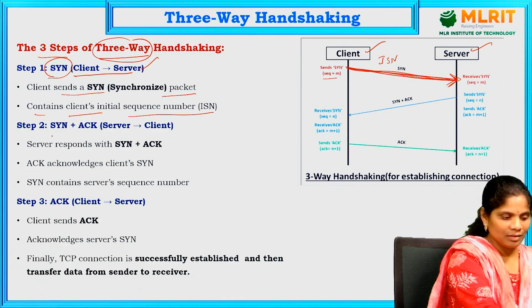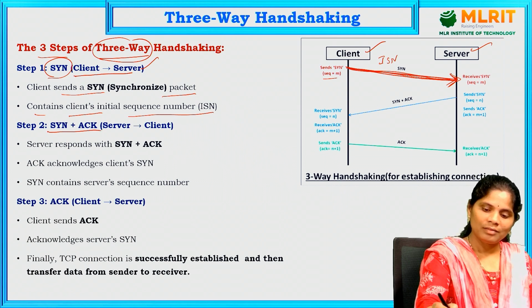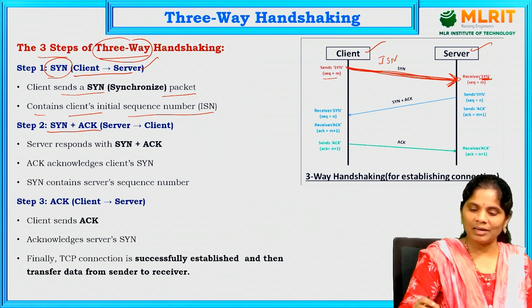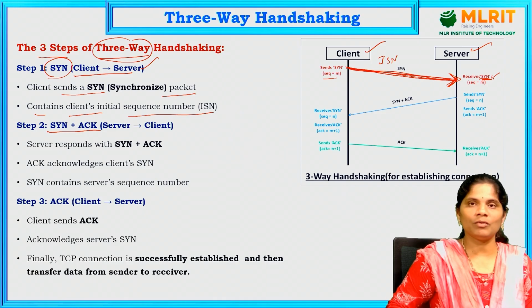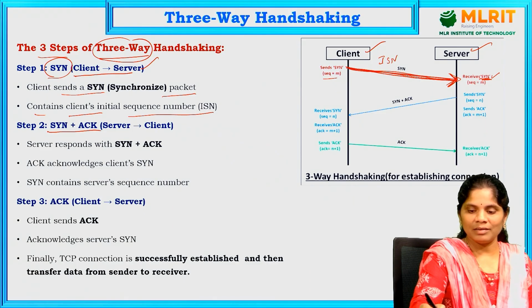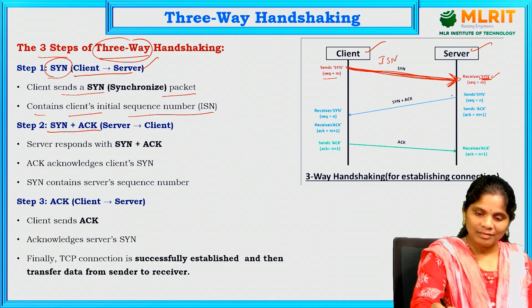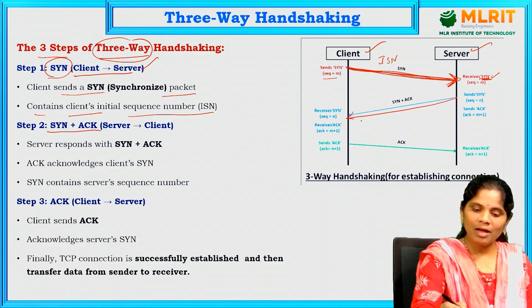And the next one is synchronization plus ACK. So here the server has received the synchronization message from the client. Whatever the client sent, that message is received by the server. Next, the receiver sends a synchronization message along with the ACK.